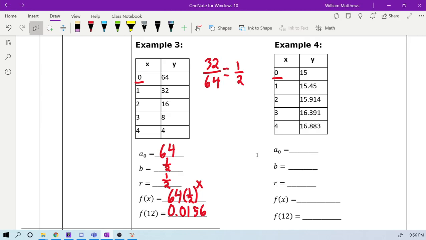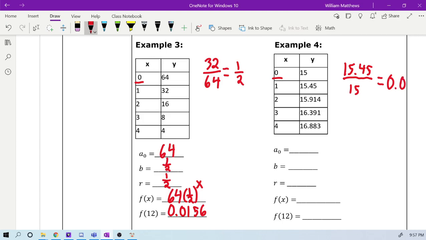We can do the same process on the other side. 15.45 divided by 15 will give us a decimal of 1.03. So our starting value was 15.